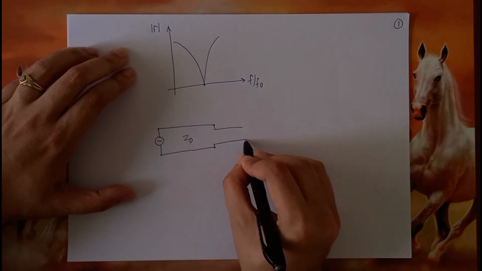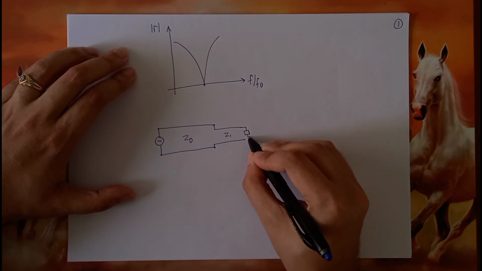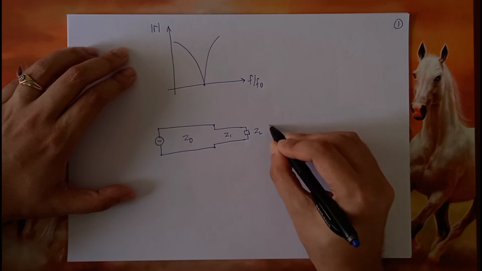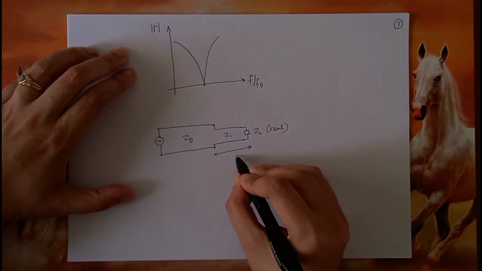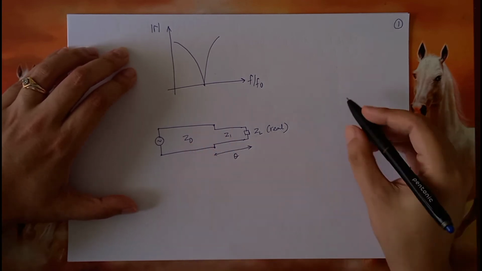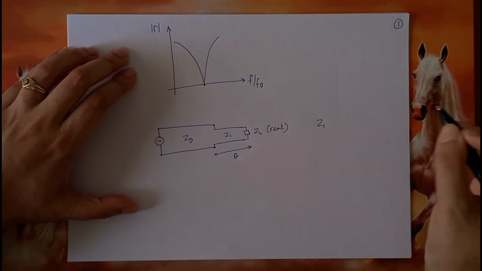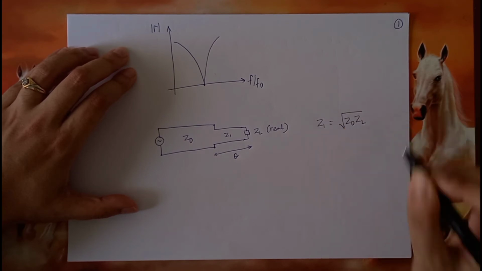This is the matching transformer having impedance Z1, and there's a load ZL, which obviously has to be real, and the electrical length over here is theta. However, applying the quarter wave theory, Z1 is the geometric mean of Z0 and ZL.